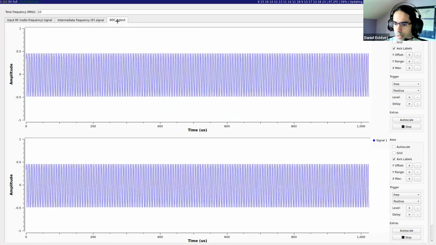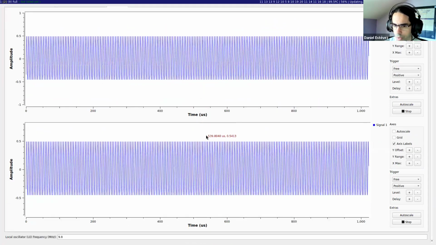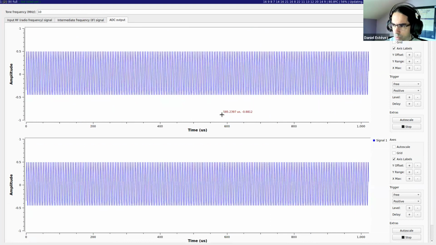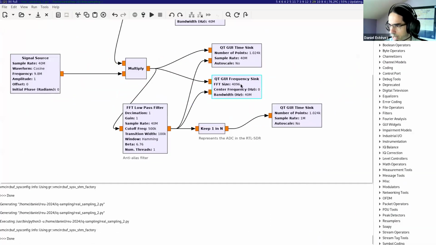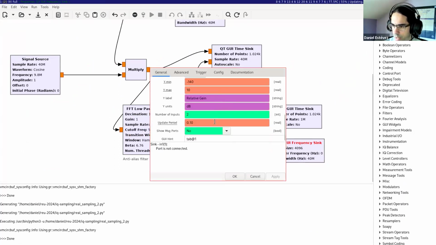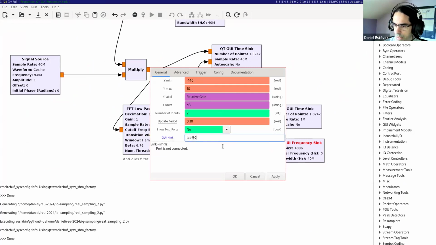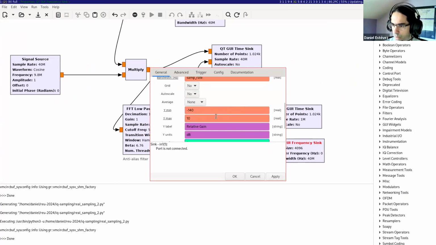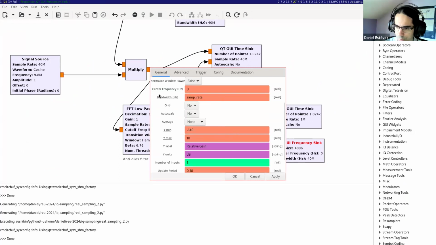And then in the ADC output, why do I have two time sinks? I'm afraid I've copied the time sink twice. I wanted a time sink and the frequency sink. So second tab, one input, and then sample rate divided by 40.